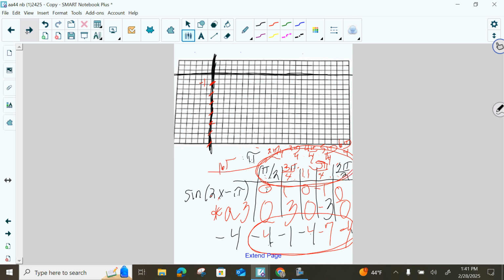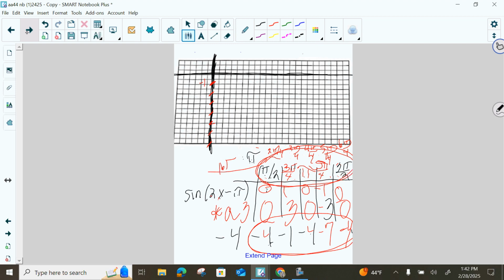All right, here's the important part. My period is pi. I want you to make at least 2 periods. The easiest way to determine the number of boxes for pi is to do a common denominator of your x's.